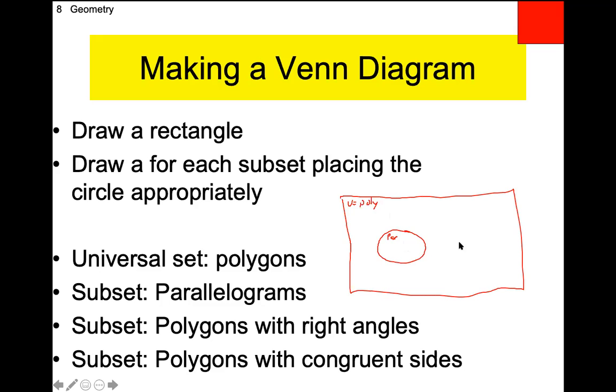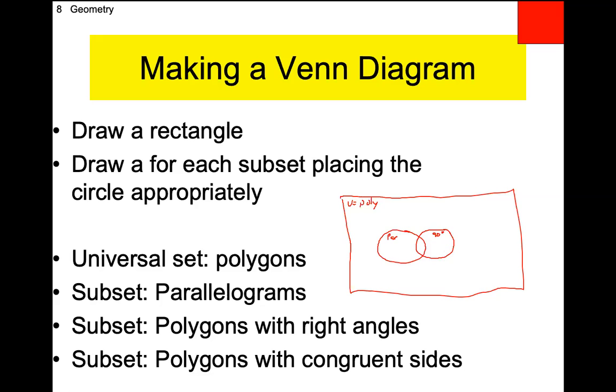All right, what's my second set? Right angles. Are there any polygons with right angles that are also parallelograms? Yes, rectangle. All right, so they have to intersect. So this is 90 degrees. So these are my polygons with right angles. Now, I got hexagons in here too, right?